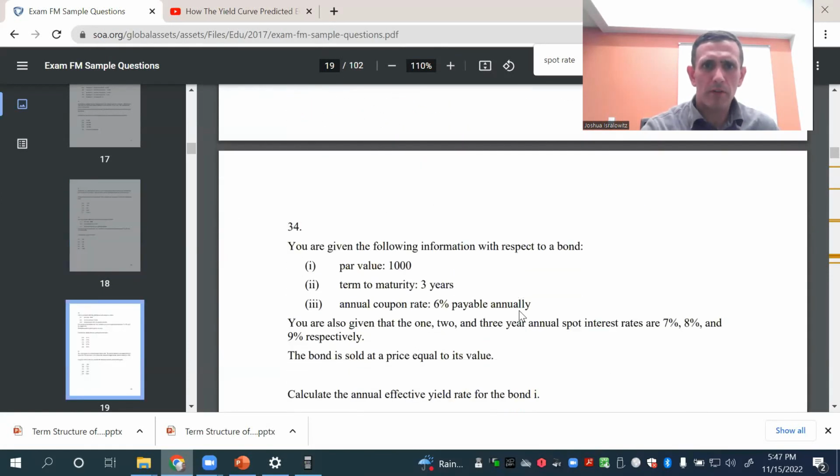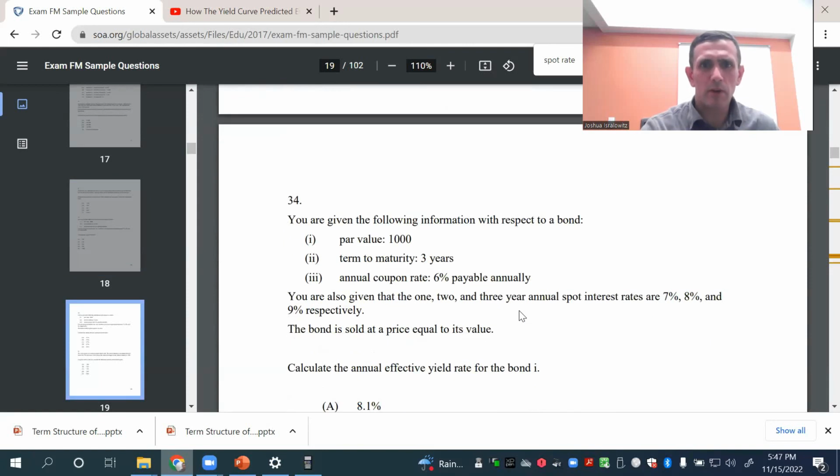The second part of this is exactly the same. The bond is sold at a price equal to its value. That's always what is true unless otherwise stated, so I'm not really sure why they have to remind you of that. So let's calculate the annual effective yield for this bond, as if this bond was sold at one single yield rate.